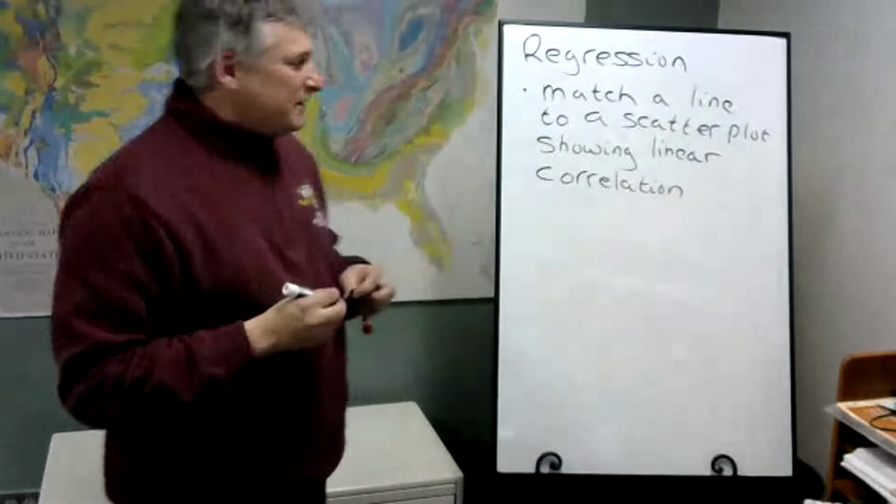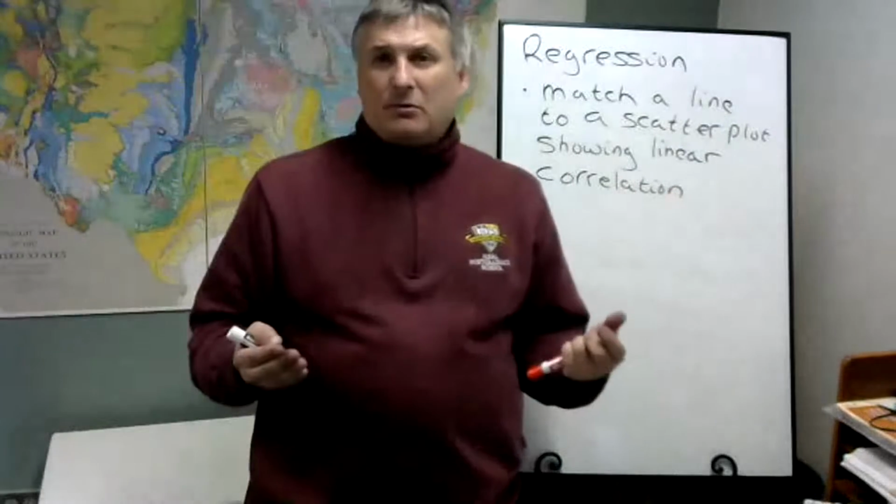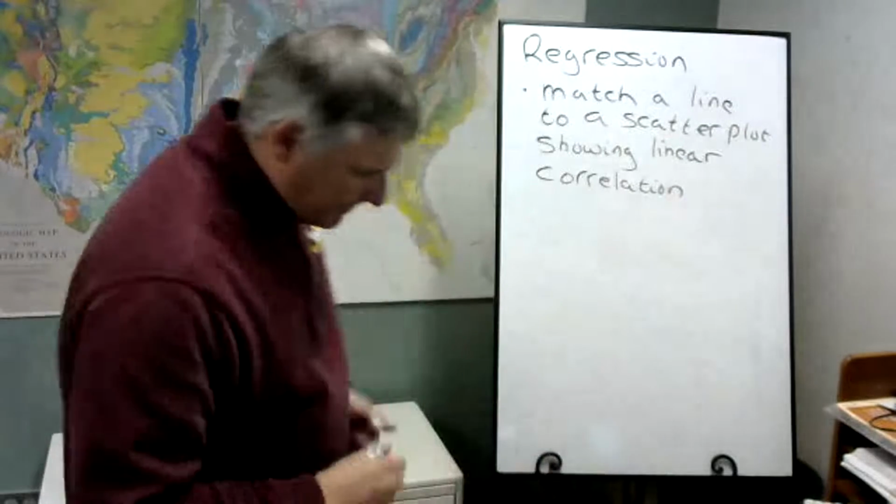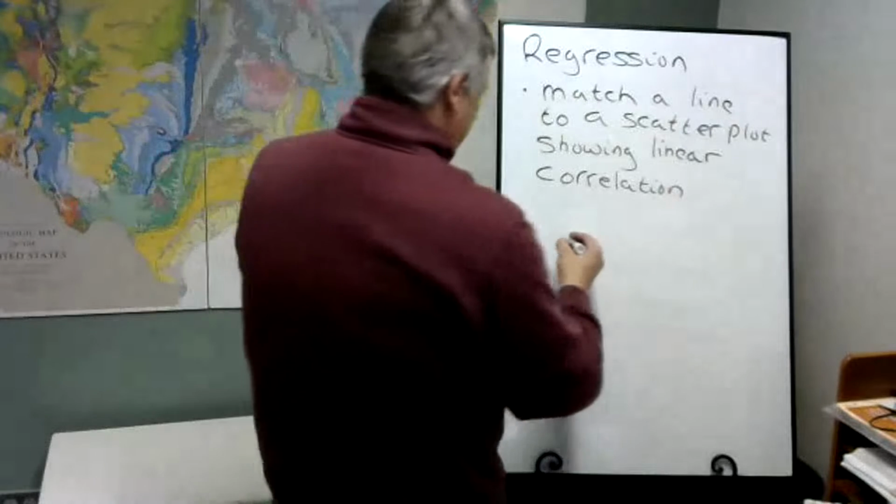I want to match a line that sort of works its way through the center of those points. And the idea is that we're going to come up with a line like this.